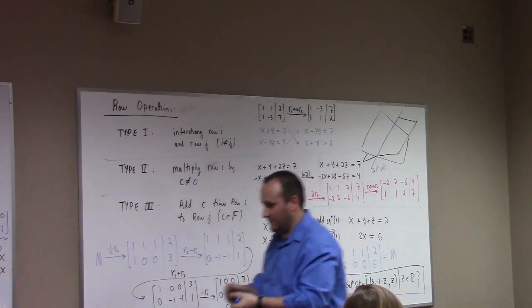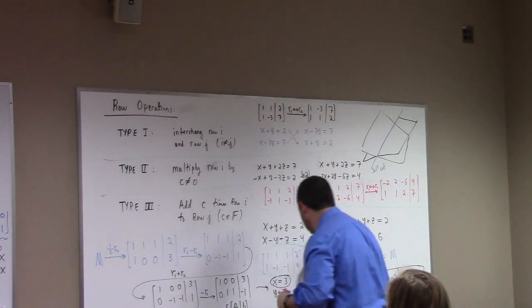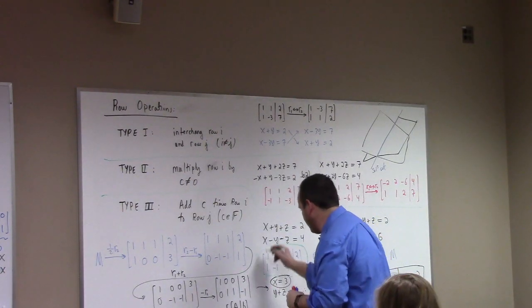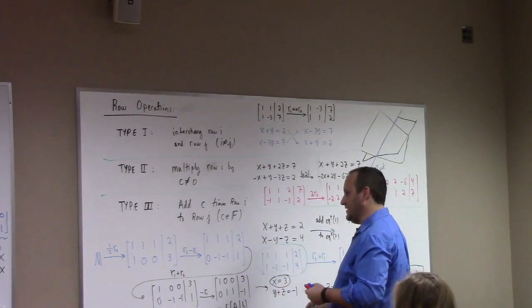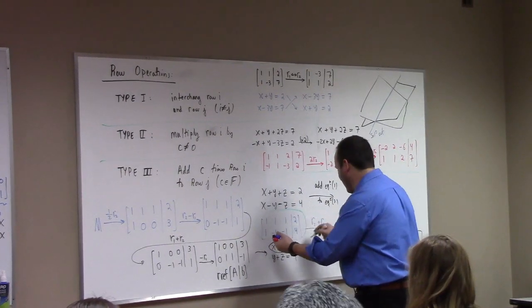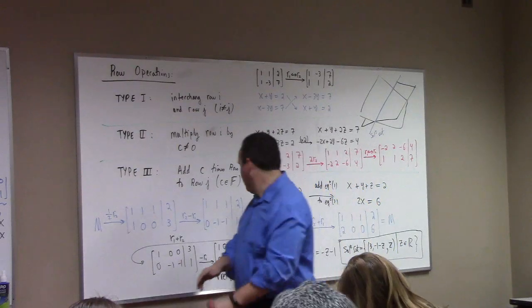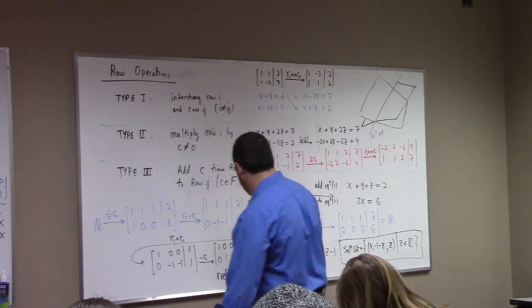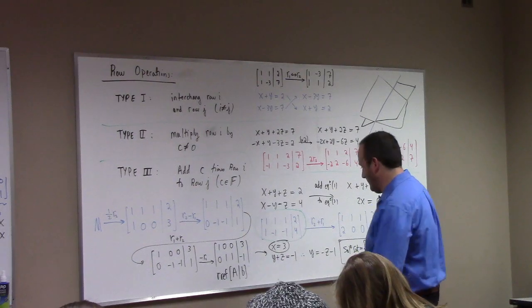My board is getting too cluttered. I'm sorry. This one right here is the [A|b]. If it's okay, I'm going to erase.